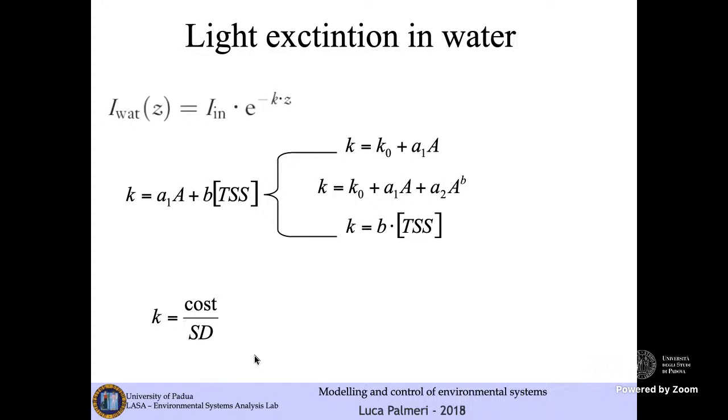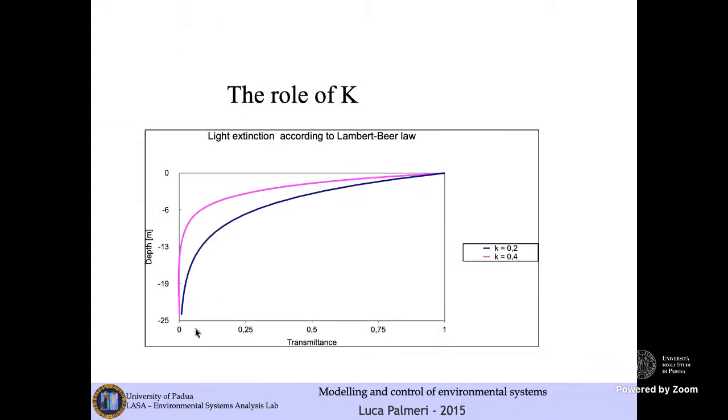You take a white disk and you make it go down deeper and deeper, and you measure when you don't see the Secchi disk anymore. So this is a measure of water turbidity, a classical measure employed by engineers. In this way, we may make the constant of light extinction K dependent on the Secchi disk depth. And this is another way of making the model explicit and finding a way of calibrating the model.